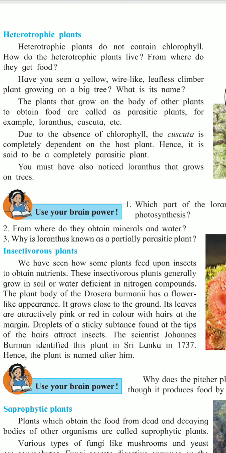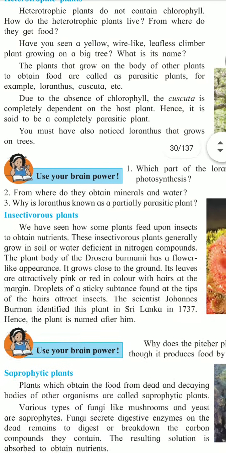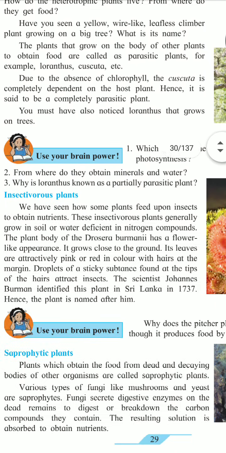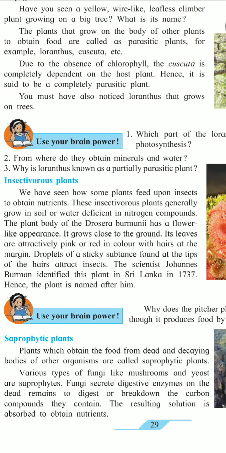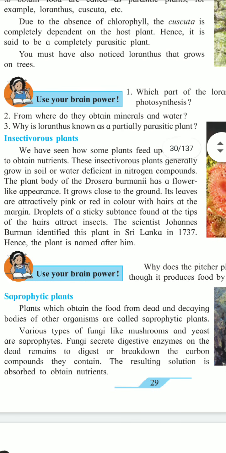One more point, see students here, insectivorous plants. Different types of plants we are looking at here. Insectivorous plants means some plants feed upon insects to obtain nutrients. Some plants depend on small insects that are seen around for nutrients. These insectivorous plants generally grow in soil or water deficient in nitrogen compounds.